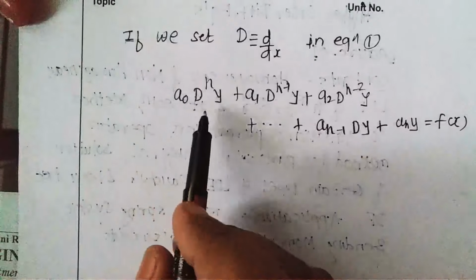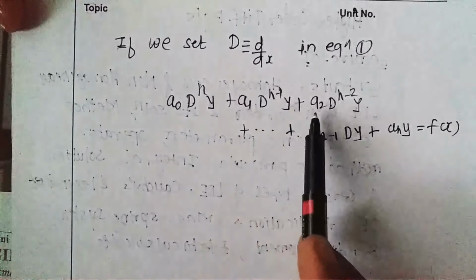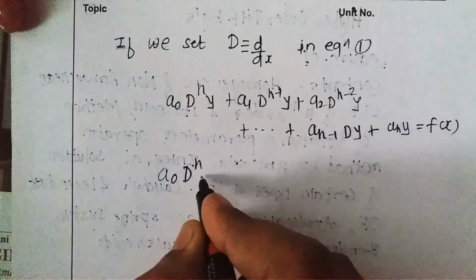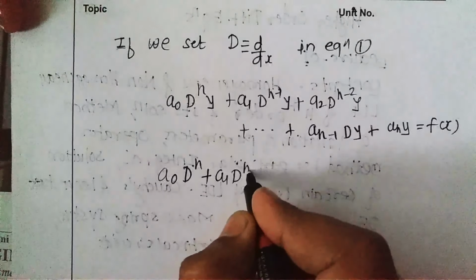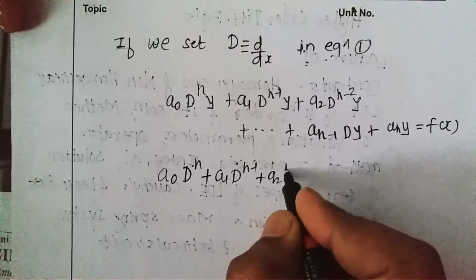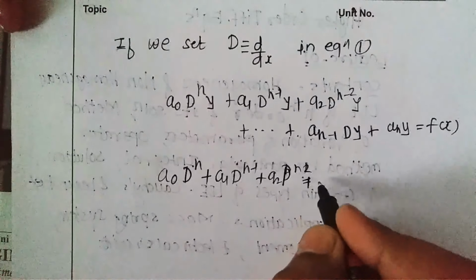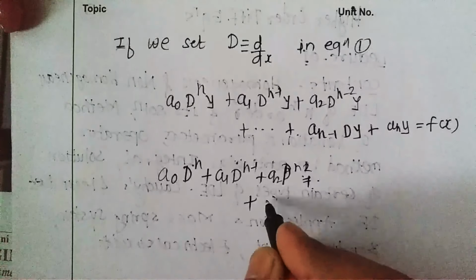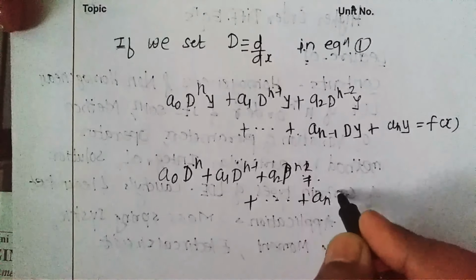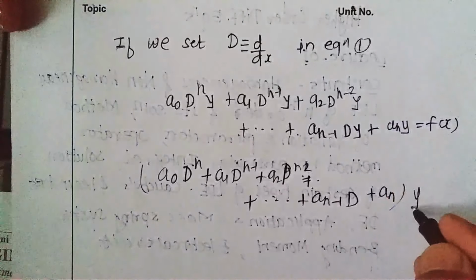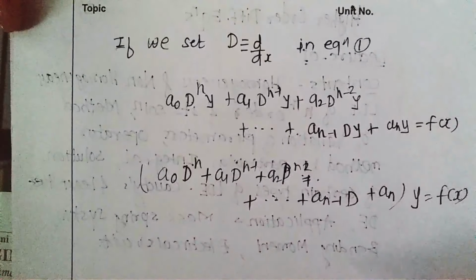Now we can take y common from the left hand side, so this can be written as a0 D raised to n plus a1 D raised to n minus 1 plus a2 D raised to n minus 2 plus dot dot dot a(n-1) D plus an, with y outside the bracket, equals f of x.